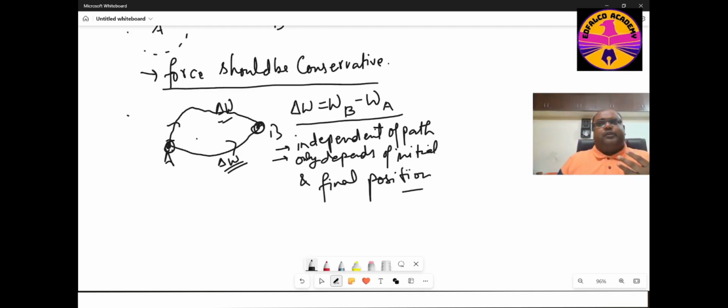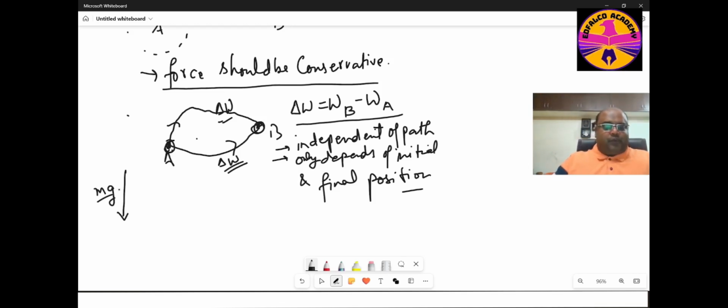Now, there are multiple scenarios. You can take the simple case of a gravitational force, mg, acting on a body of mass m.